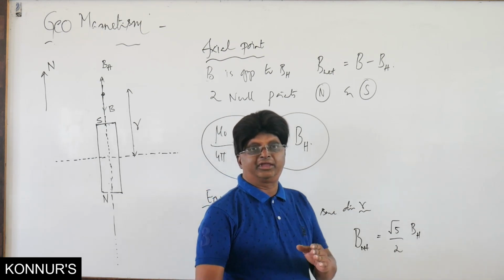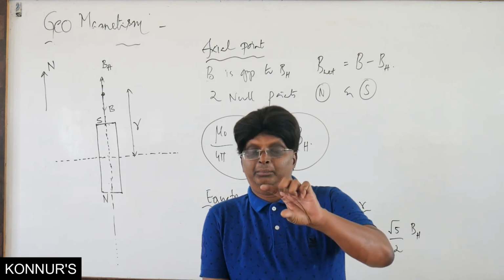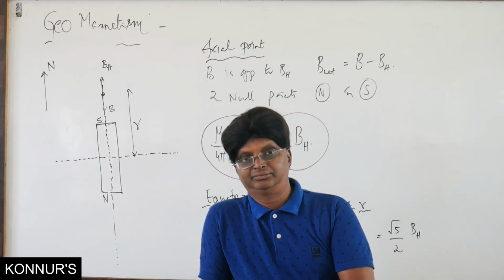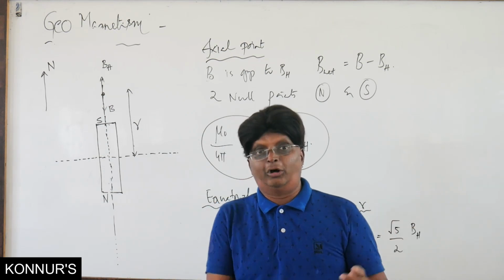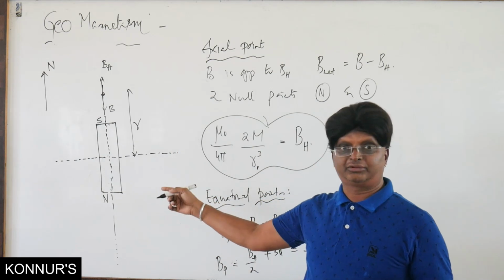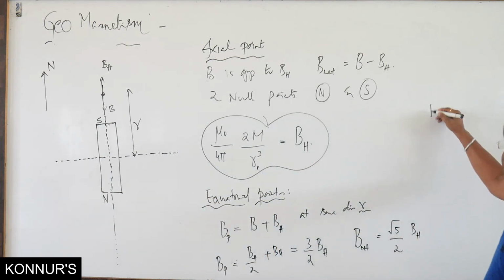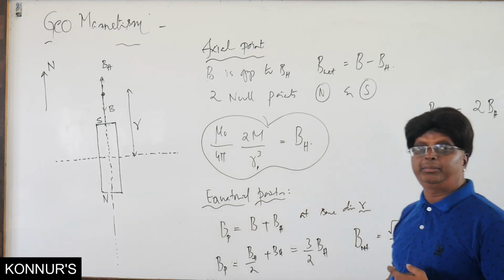Now I have discussed the case of rotation of 90 degrees. Supposing they give the case of the magnet reversed, that is rotation of 180 degrees. Then what happens? Whether north pole is facing geographic north or geographic south, or vice versa, when 180 degree rotation happens, the net induction at the same point which earlier was a null point will be 2BH, because earlier B and BH were anti-parallel.